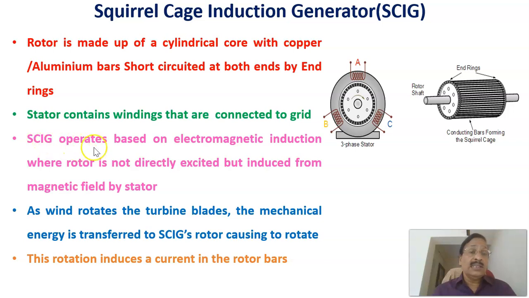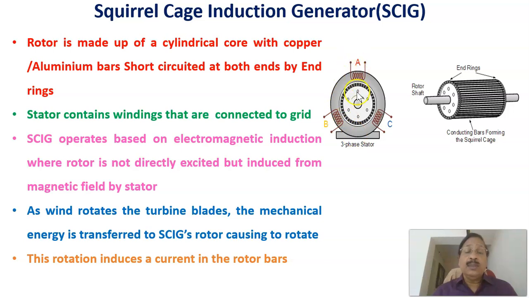The squirrel cage induction generator operates based on electromagnetic induction. Here the rotor is not directly excited, unlike the synchronous machine. It is induced from the magnetic field produced by the stator.